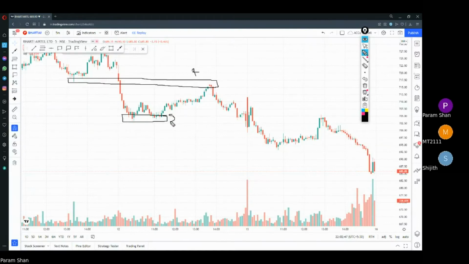In other words, we can call this a demand zone and this a supply zone. Between these zones, this will be an uptrend, and whenever it is falling, this will be a downtrend.